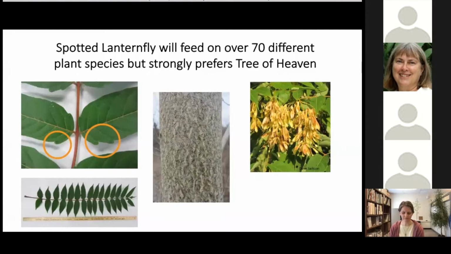So some key characteristics to look for with the ailanthus, the tree of heaven. We'll start on the right there, looking at the seed pods that are pretty distinctive. We don't see other seed pods like this that are held upright above the foliage. And then the bark, even for larger trees, is smoother, kind of has a net effect, and some compare it to the skin of a cantaloupe.